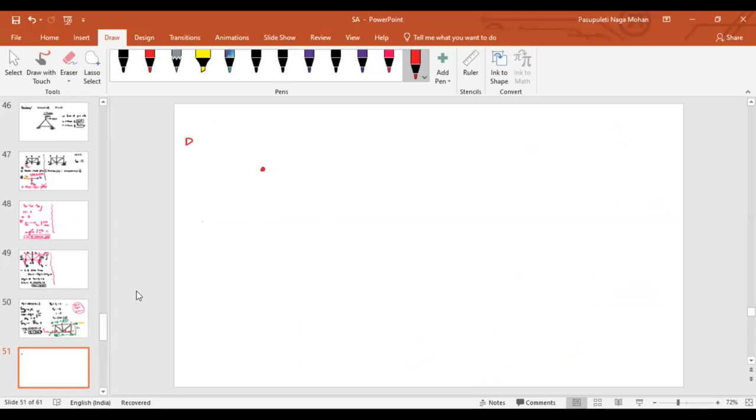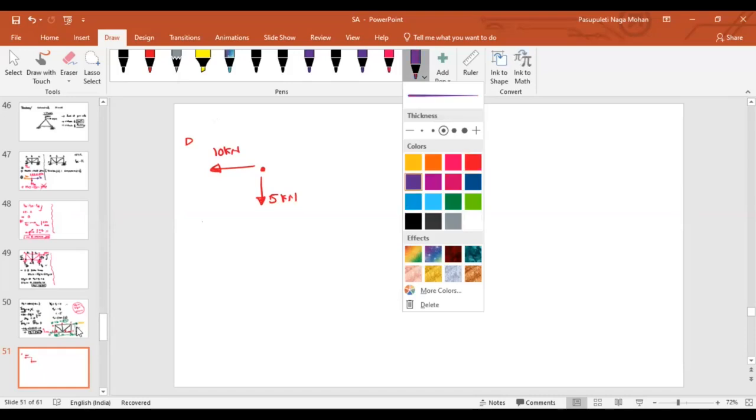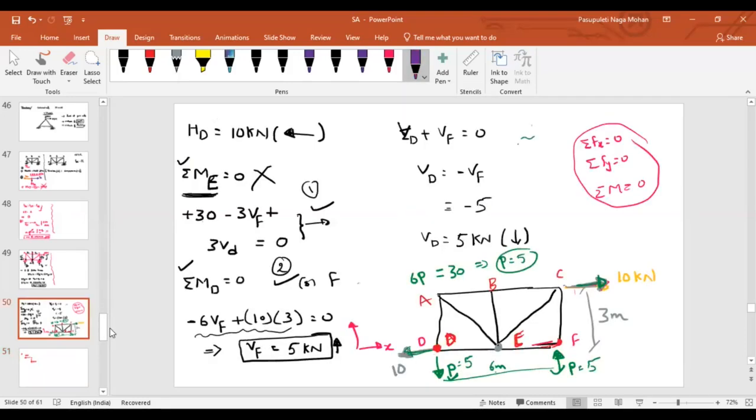again, if you're talking about equilibrium at joint D, there is an external reaction 5 that is acting in the downward direction, and there is a support reaction 10 kilonewton that is acting on the left side. Now, let us assume that again, member AD is under tension.